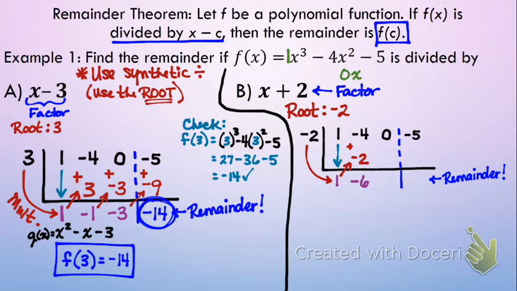Then what? You get positive 12. Positive 12, because I do -2 times -6. Then I add these two together. I get just a positive 12, right? And then one more time, we multiply. -24. And I'm going to add that to the -5.